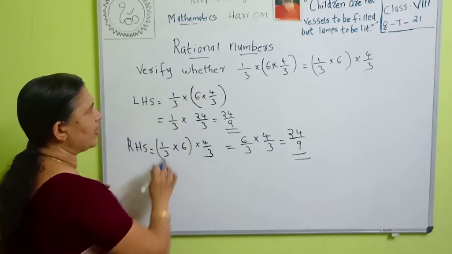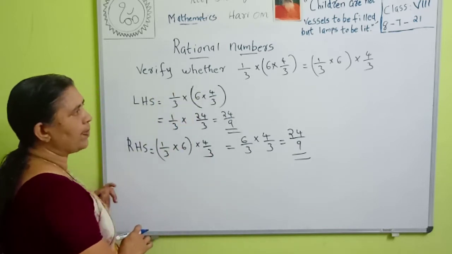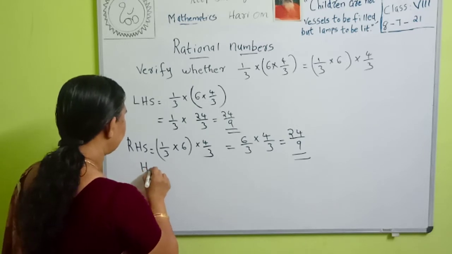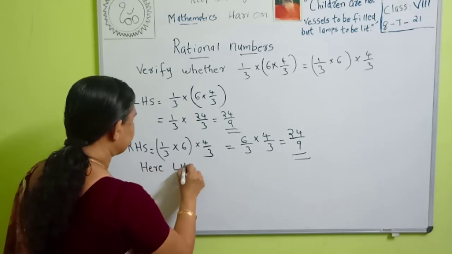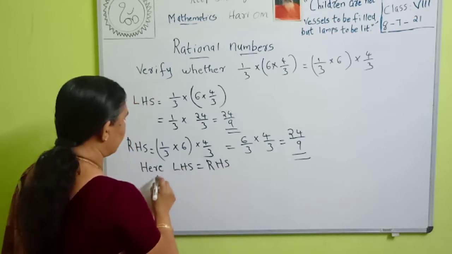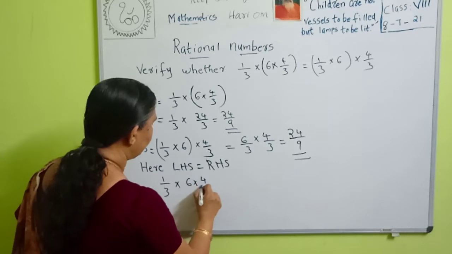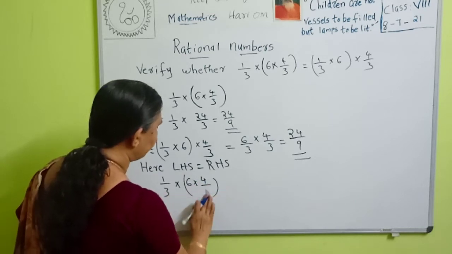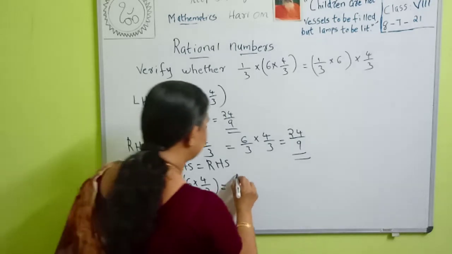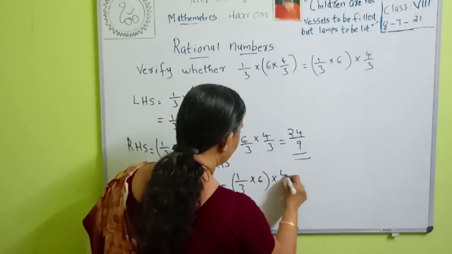Hence we verified that 1/3 × (6 × 4/3) is equal to (1/3 × 6) × 4/3.